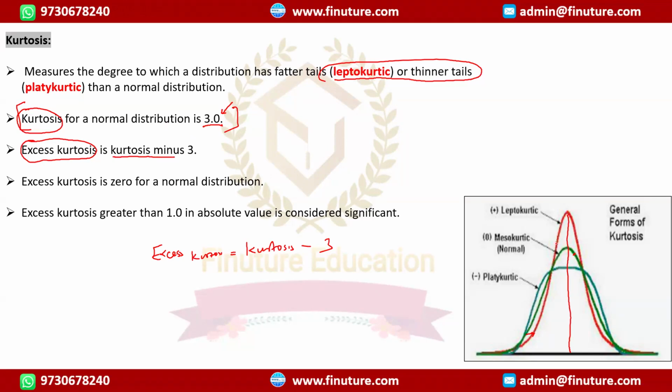Distributions with excess kurtosis greater than 0 are called leptokurtic, and those will have fatter tails. Mesokurtic will have 0 excess kurtosis, and platykurtic will have negative excess kurtosis, with thinner tails. Just make a note of it, it will help you.